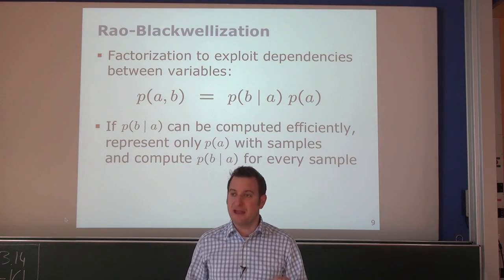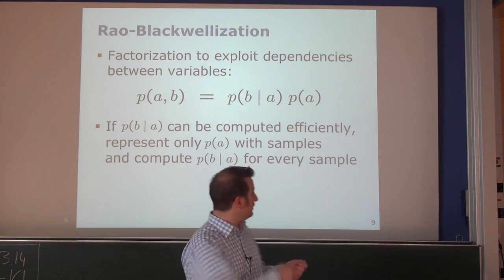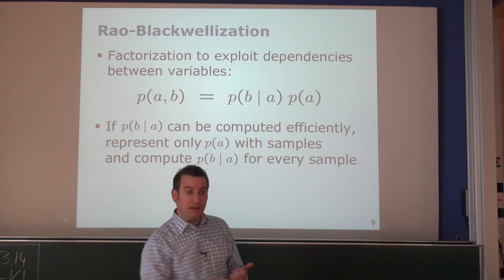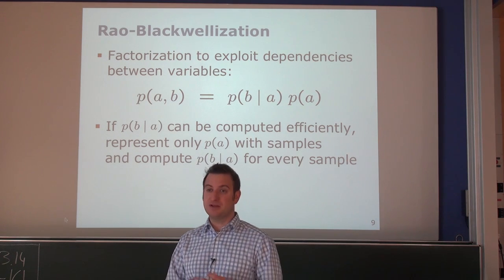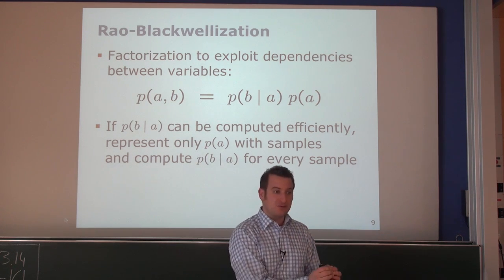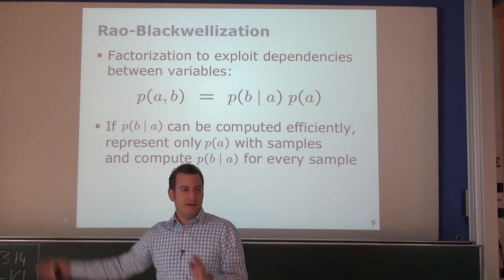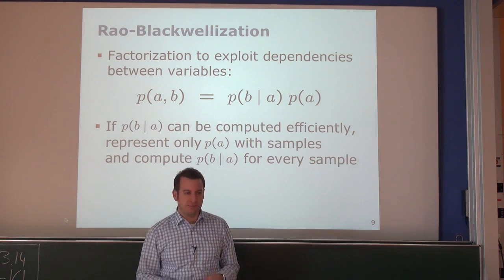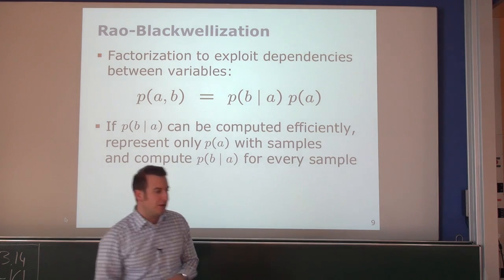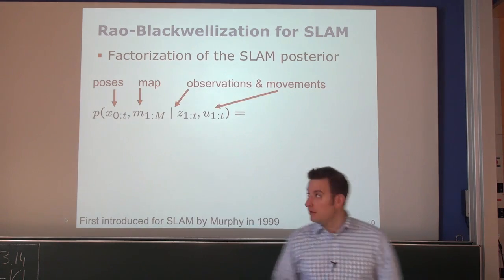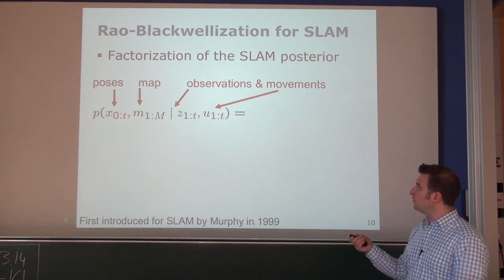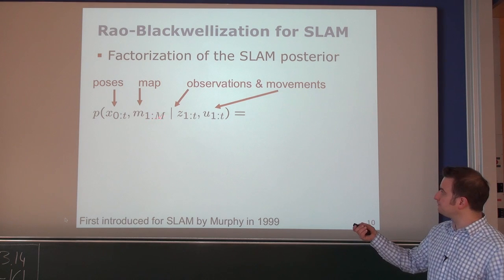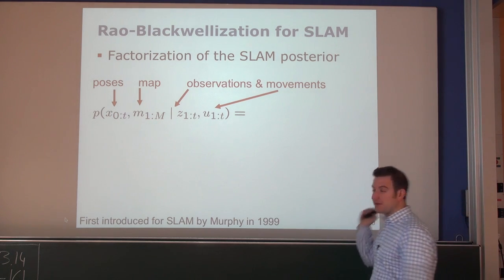As a result, I need the samples only to cover the likely regions in A and not in A and B. Especially if A is low dimensional and B is very high dimensional, this is a great advantage. That's exactly the key idea of the Rao-Blackwellized particle filter for mapping. It starts out with the probability distribution over the poses and the map, so these are M landmarks, capital M, given my observations and given my movements.